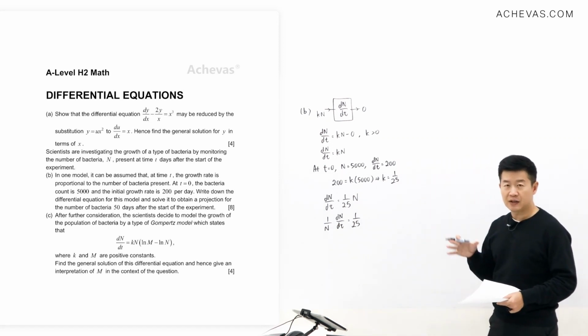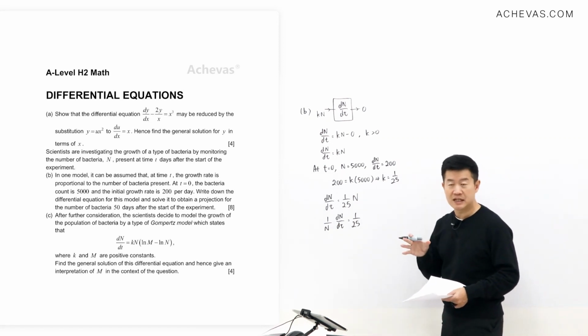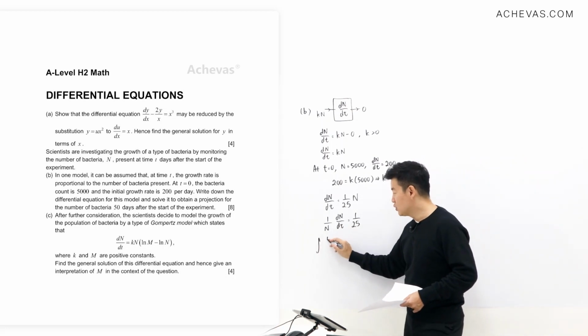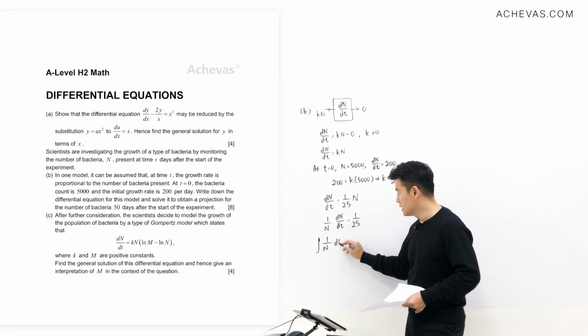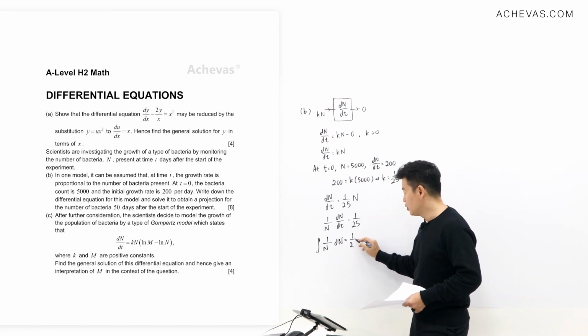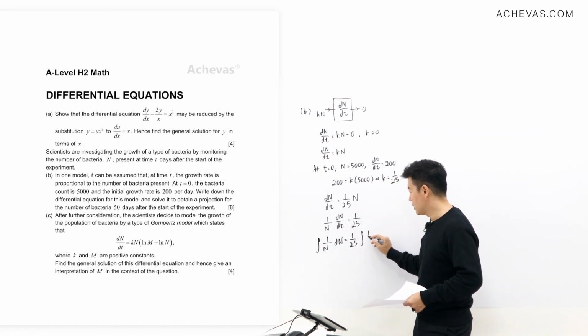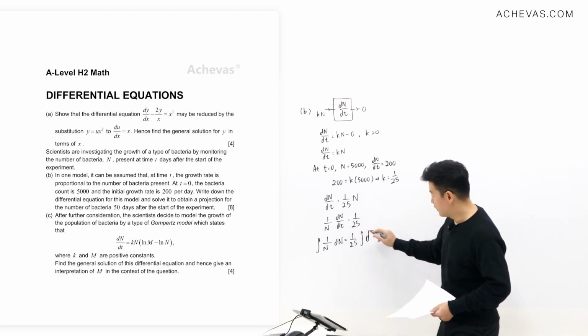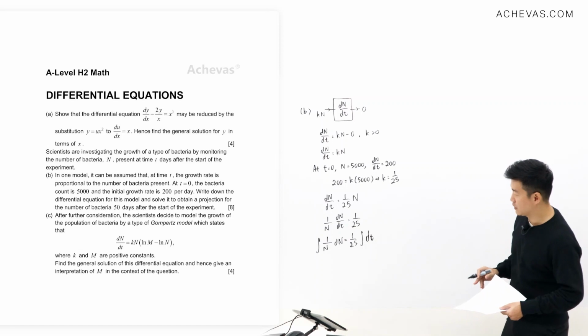Integrating both the left and right hand side with respect to t, on the left hand side it will be reduced to this. On the right hand side, if I factorize out 1/25, we are basically integrating 1 with respect to t.